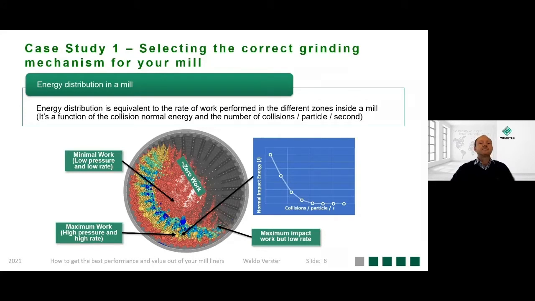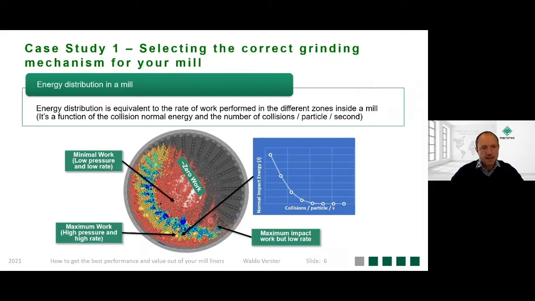So an extremely efficient portion of the mill. If we plot the normal impact energy against the number of collisions per particle per second, we get this type of distribution. This is more or less standard for the complete mill, where we see higher impacts at a lower rate and lower impacts at a higher rate.